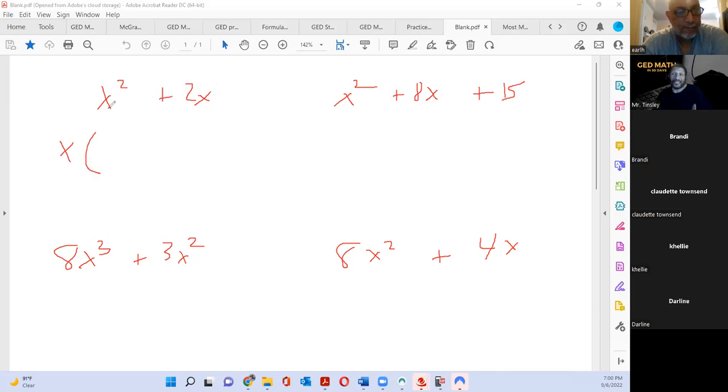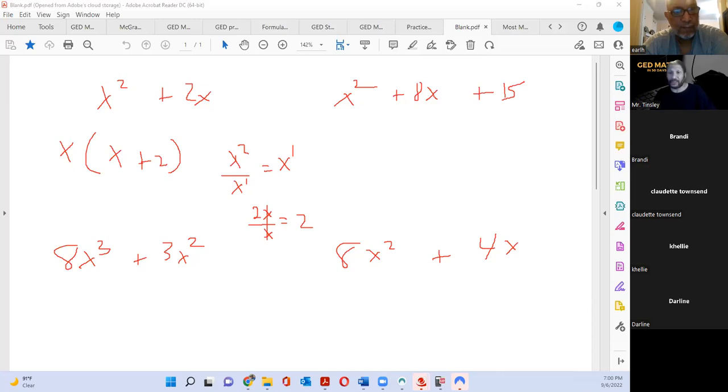So for the first example, if I pull out x, if I divide x squared by x, I have x left. Why? Because x squared divided by x, remember this is a 1, is x to the first power. That's where those exponent rules come in handy. Well, 2x divided by x, the x is canceled. You're left with 2. So x plus 2. So factoring x squared plus 2x, we get x in parentheses x plus 2.